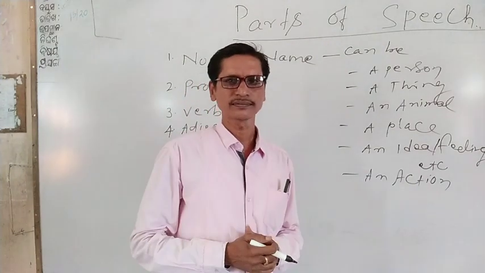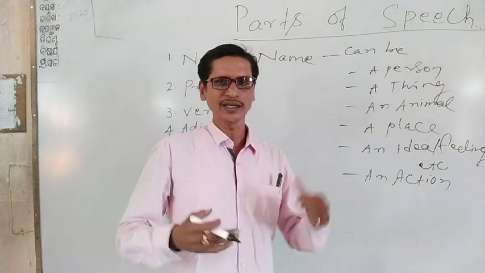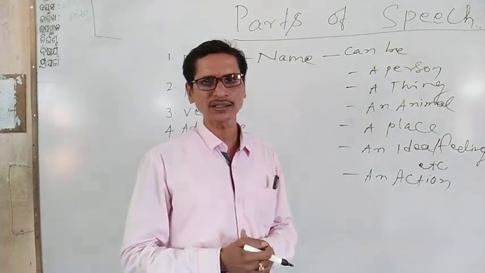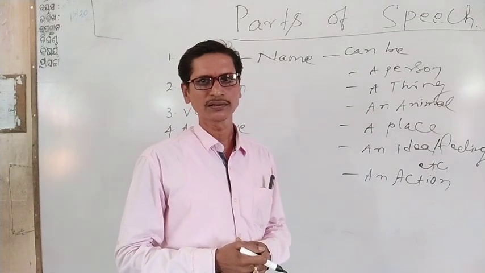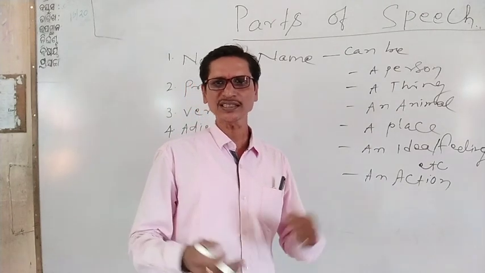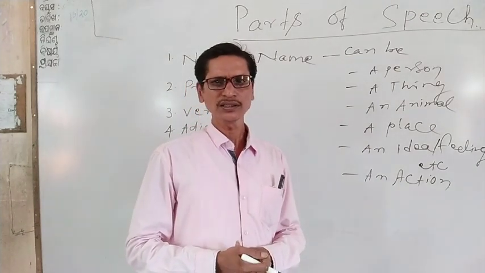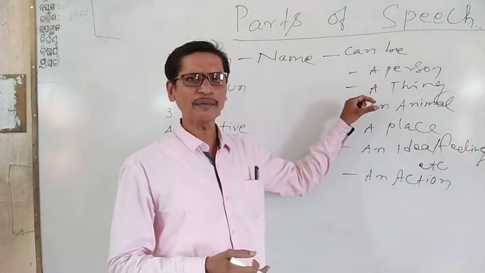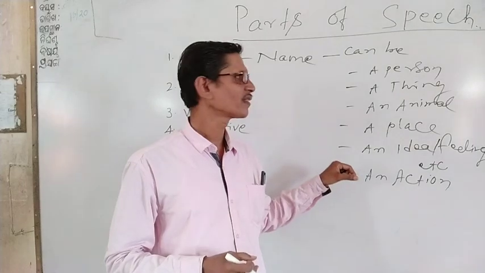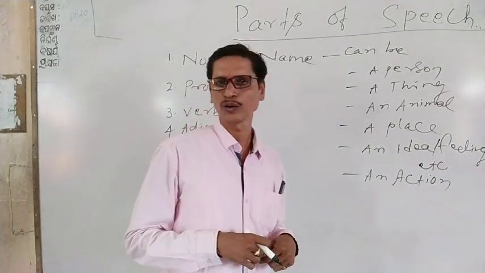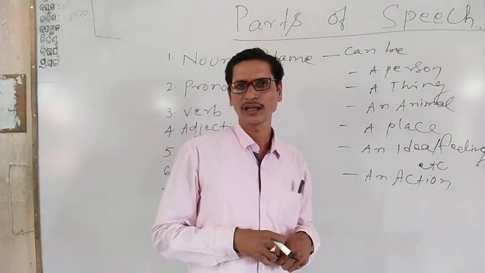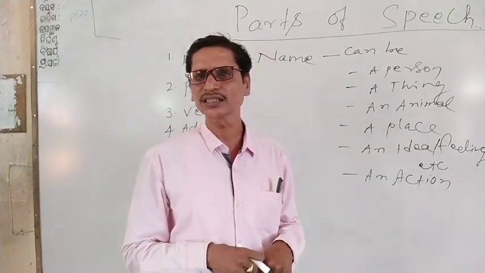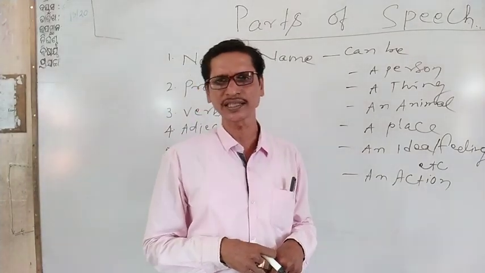For example, running is the name of an action. Watching, name of an action. So, those things have a name; they are nouns. And about nouns, their forms, their classifications and uses, we will discuss next class.